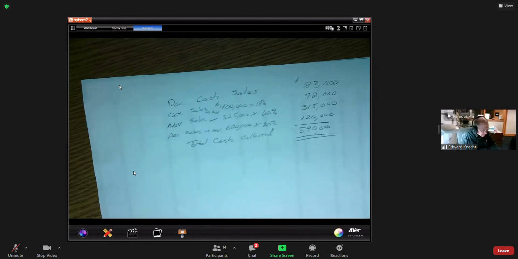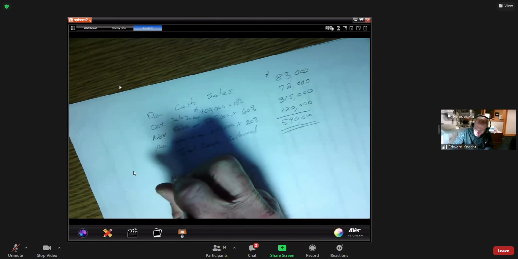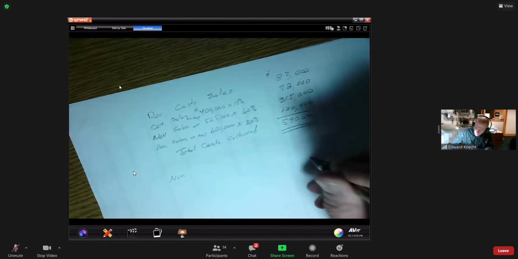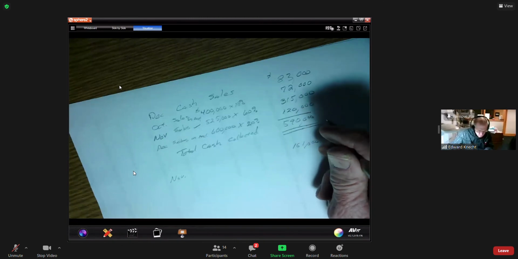All right. So November purchases, the inventory, that's 161,000. It's all paid for. That's what was owed, paid in December.